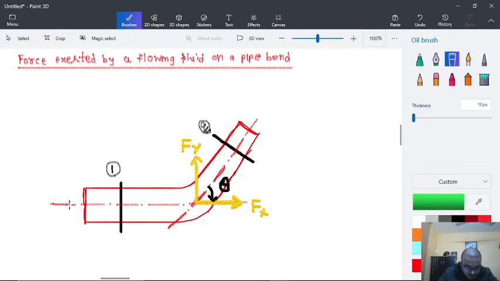The velocity here is v1, and here the velocity is v2.